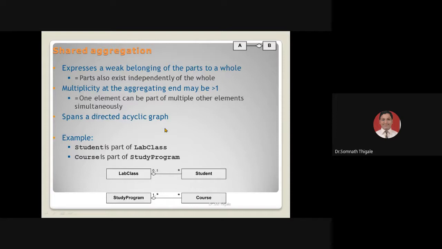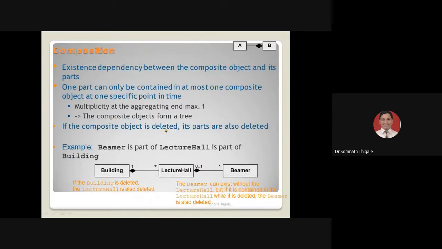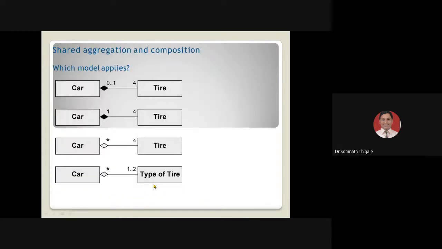So see here, this is shared aggregation. We will take a simple example to understand composition. We can say the car and tire. For one car, there may be a possibility of four tires. Getting it?